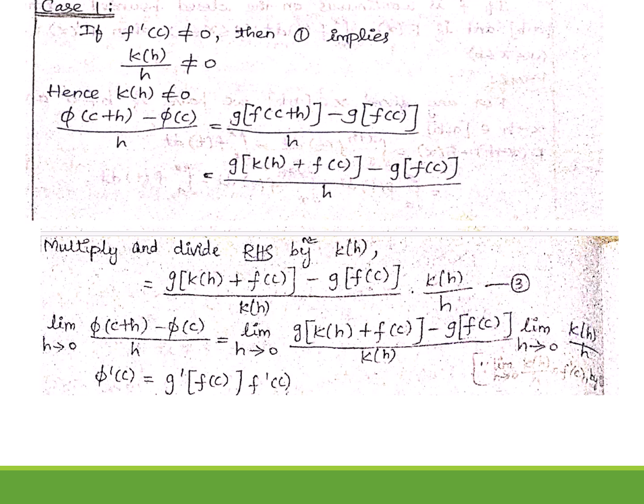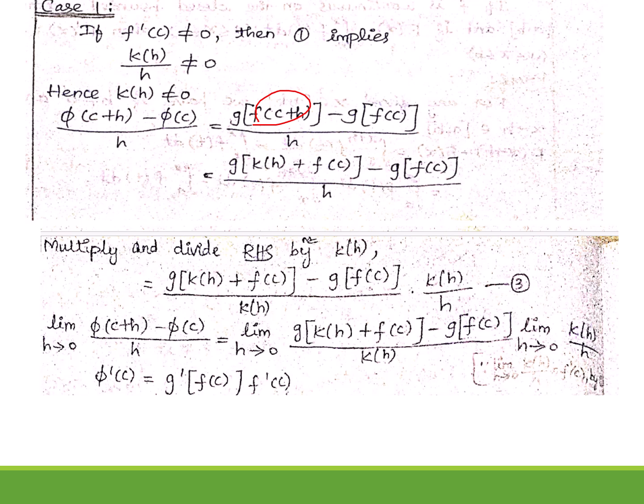Then φ(c plus h) minus φ(c) divided by h equals g(f(c plus h)) minus g(f(c)) divided by h, where f(c plus h) is k(h) plus f(c). Multiply and divide by k(h): g(k(h) plus f(c)) minus g(f(c)) divided by k(h), into k(h) divided by h.